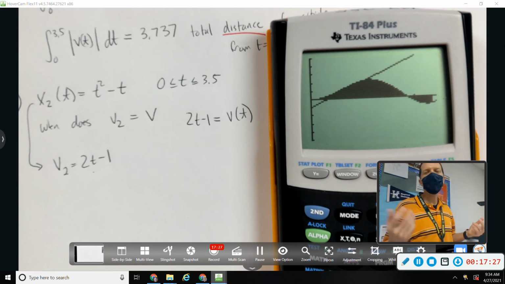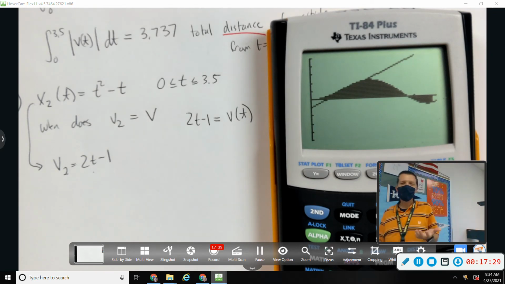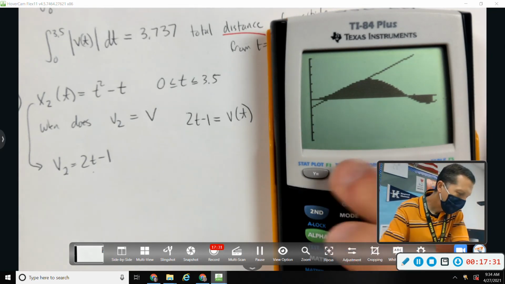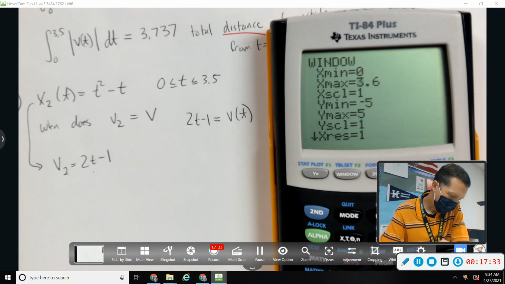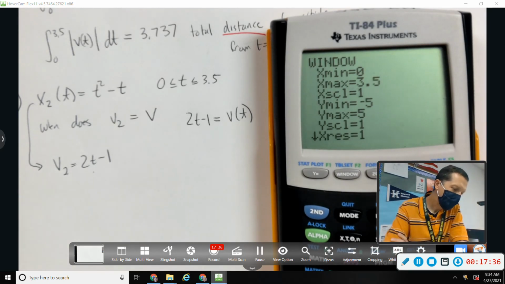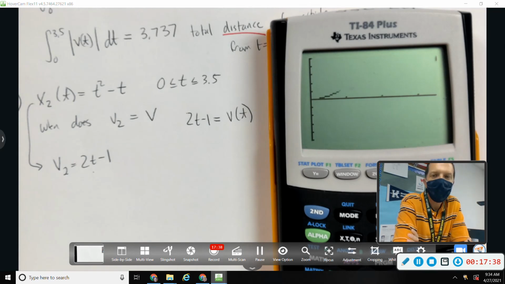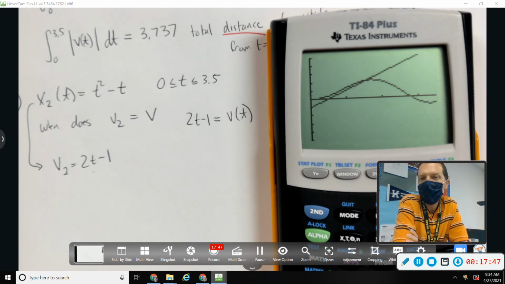And here's where the shaded thing, I find that annoying. I can't tell where they intersect because it's shaded. So I'm going to change my window just a little bit so that the shading's not there anymore. So there's the first one, there's the second one. They look like they intersect at one spot.